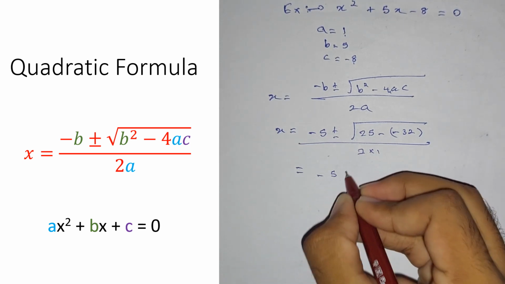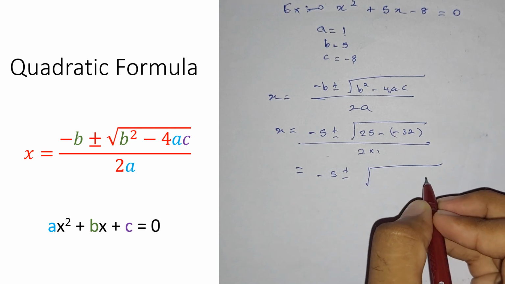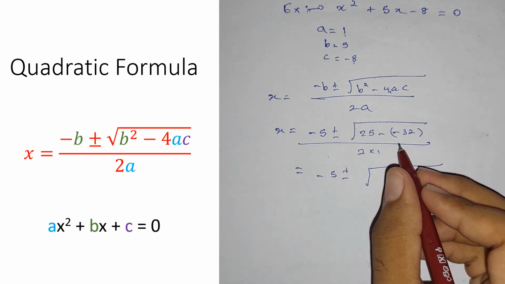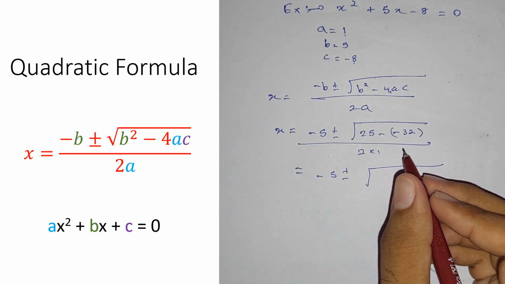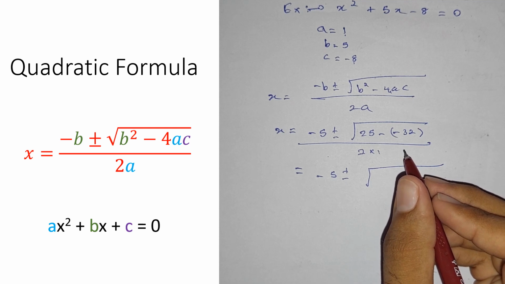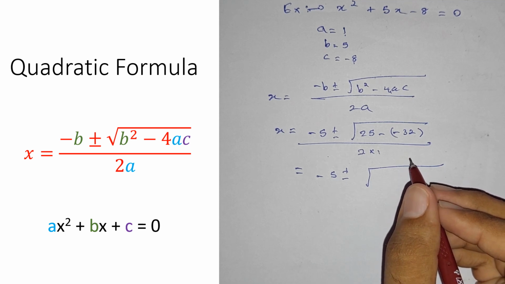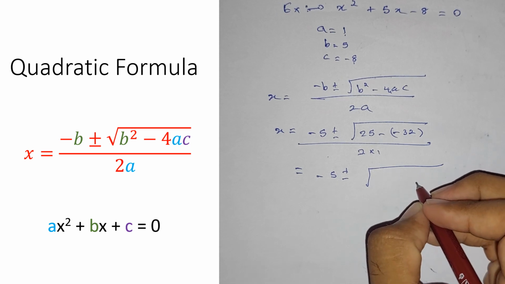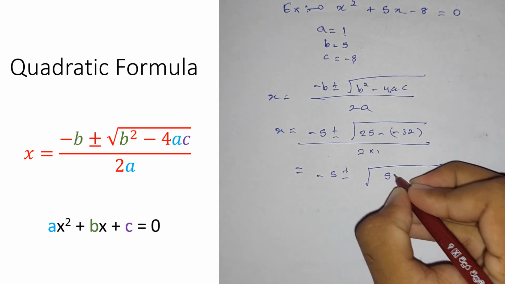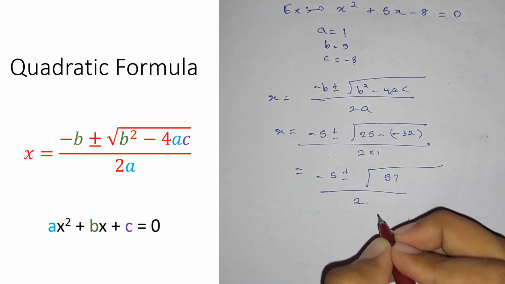Therefore minus 5 plus or minus square root of, this minus minus becomes plus, and 25 plus 32 becomes 57, over 2.